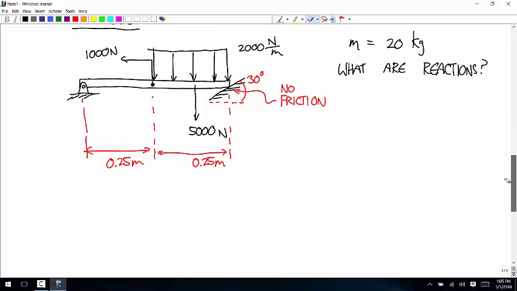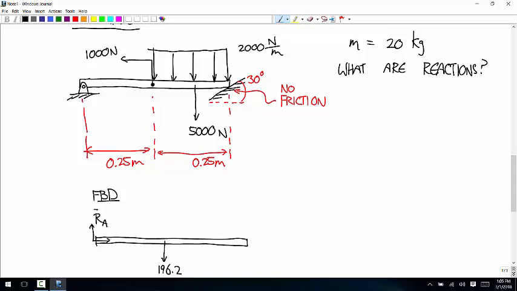Okay, so free body diagram. There's a weight force that acts right at the middle. That's 20 times 9.81, so 196.2. There's an unknown force vector at the pin. Call that RA. There's a horizontal force at the middle of 1,000.